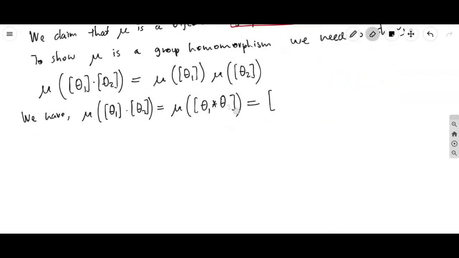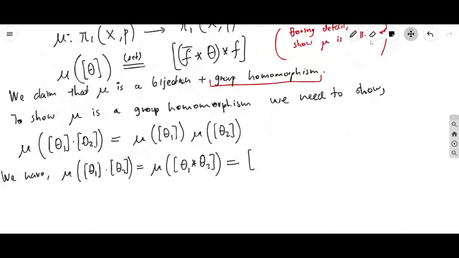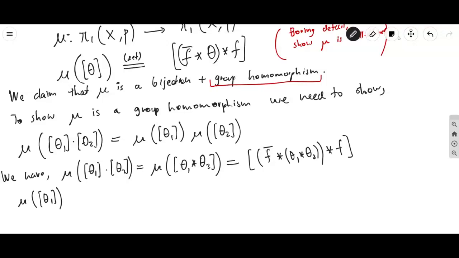The way this is defined, this is going to be f juxtapose theta 1 juxtapose theta 2 juxtapose f. And if you do it the other way around, if you do mu of theta 1, now we have to check the right side. We have to check this and this.